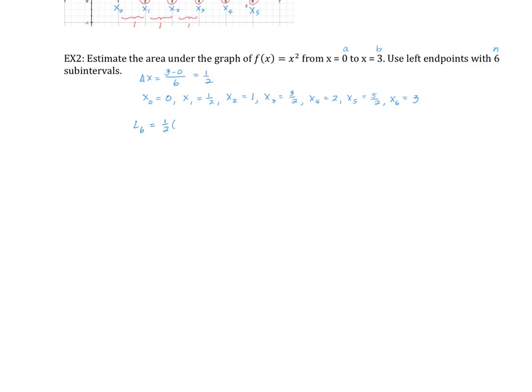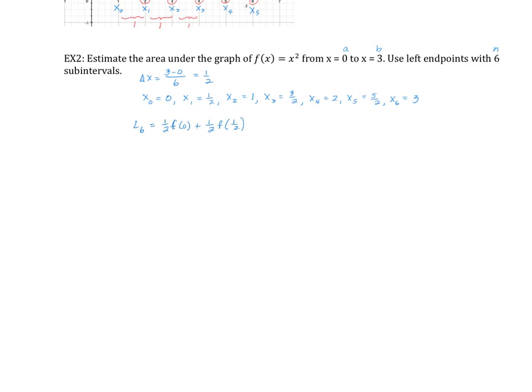Maybe I should write that out as f of 0 plus 1/2 times f of my next grid point, which is 1/2. Again, these are left endpoints.